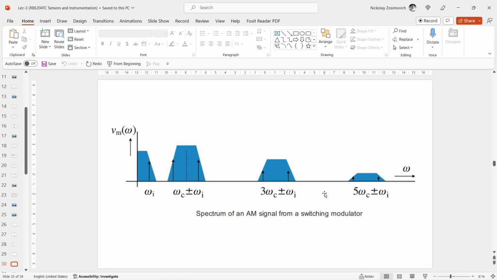This is equivalent to multiplication by a switch signal with zero mean value. In that case, there is no low frequency band, as you can see in this picture. The absence of DC and low frequency components considerably facilitates the amplification of the modulated signal.